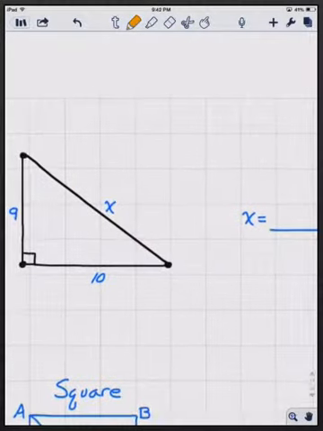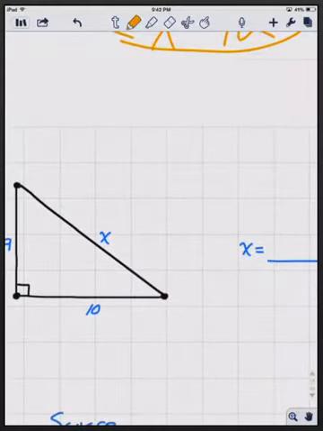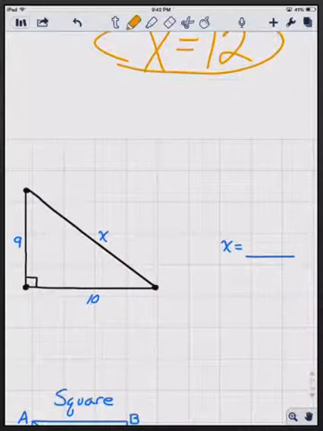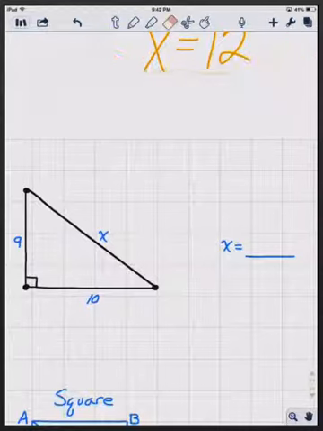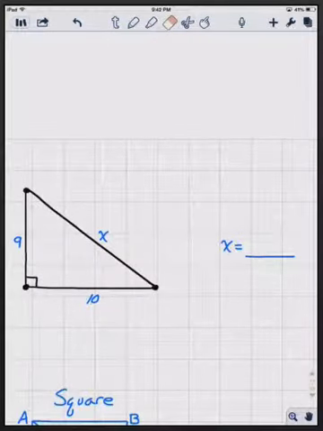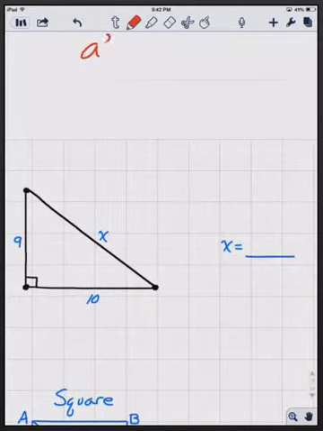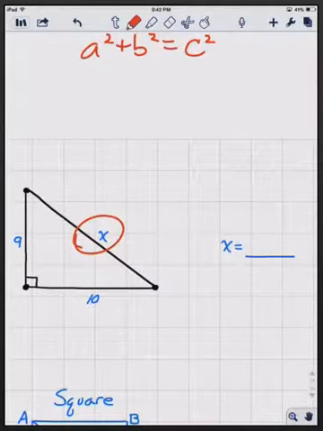On the next problem, we want to solve for x here, and we say a squared plus b squared equals c squared. We want to identify the hypotenuse this time as being x.